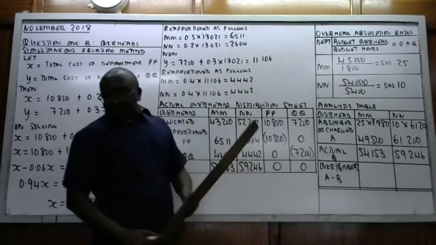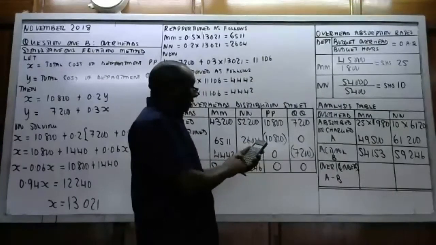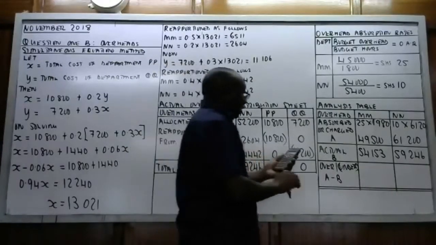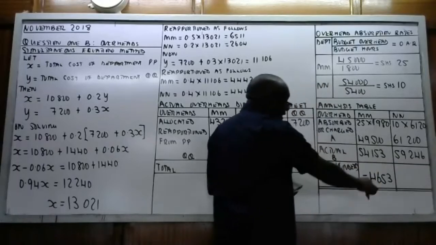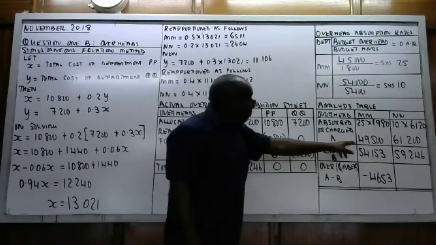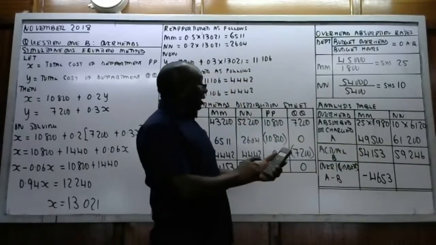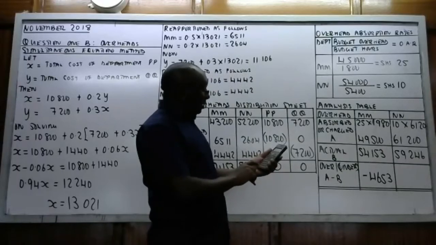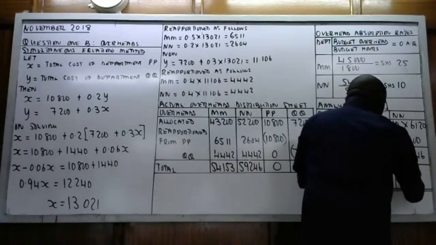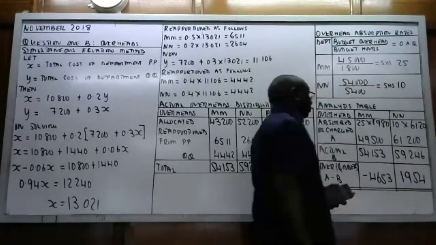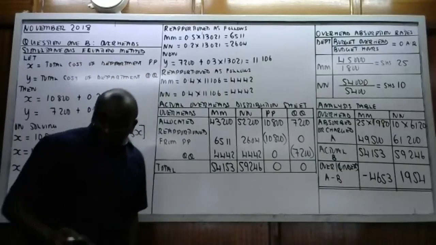So if you say that, then 49,500 minus 54,153 is negative 4653. So this is an under absorption. The absorbed were less. That's why we call it under absorption. Now you have 61,200 minus 59,246 is 1954. So that one is an over absorption.